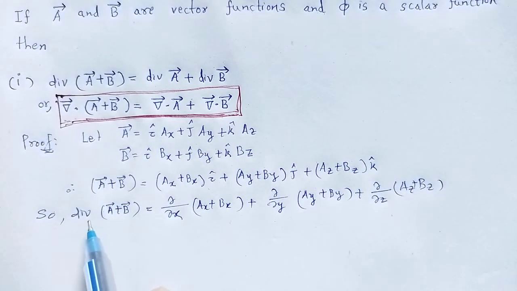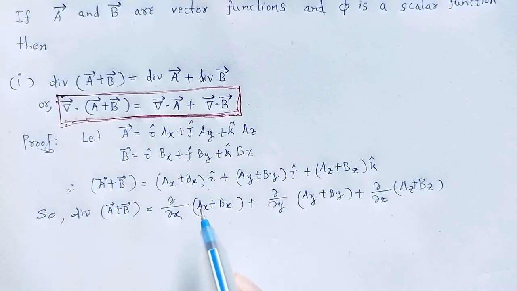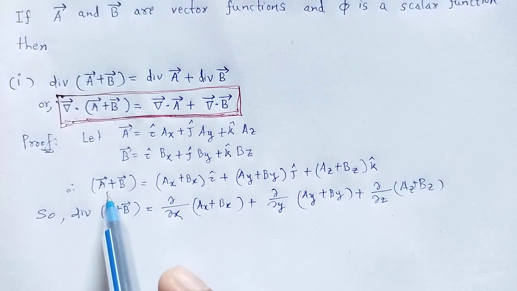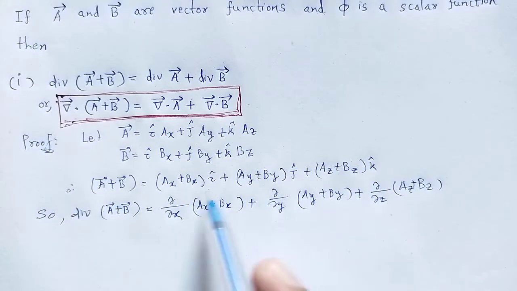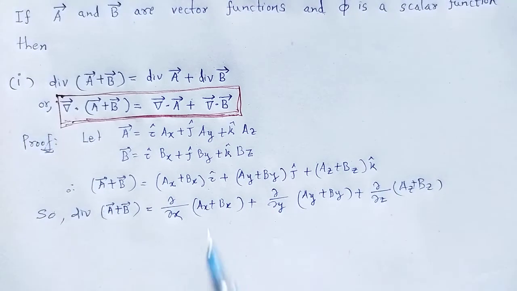As we know, grad is equal to i cap del by del x plus j cap del by del y plus k cap del by del z, and when that is dotted with a plus b, written in the rectangular components form, then the divergence of a plus b will look like this.